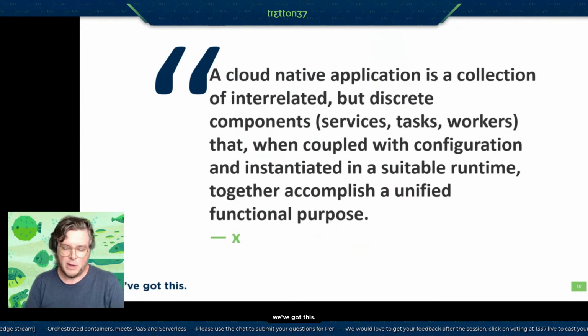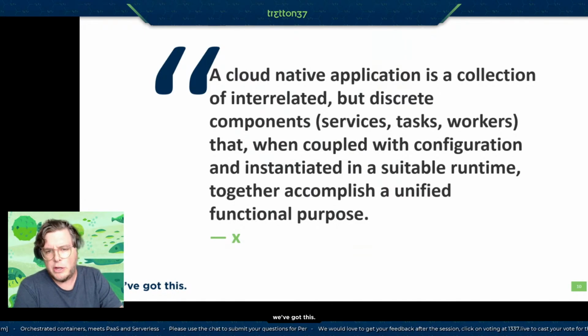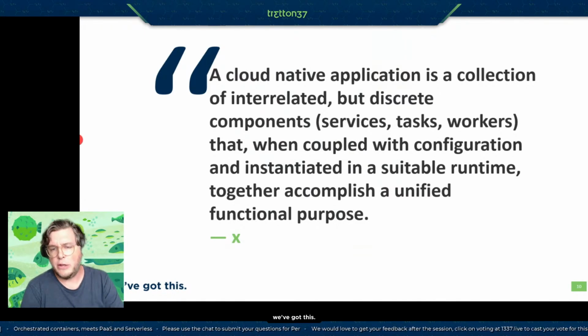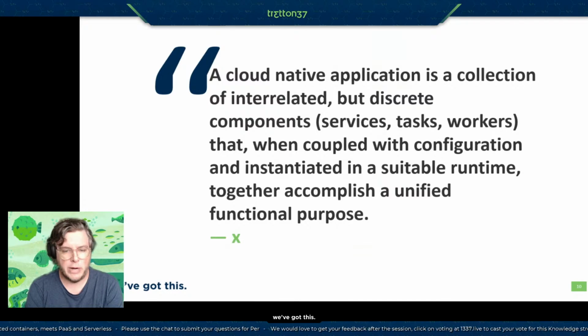Quite a mouthful, but we have a few common terms here to be on the lookout for, like services, tasks, and workers. Those are developer-centric terms that we could feel familiar with. And the runtime, in this case, when we're talking about cloud native, is of course Kubernetes in some managed form, either on-prem, edge, or in a cloud provider.